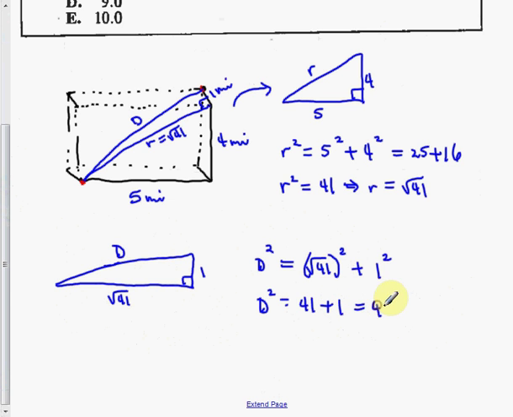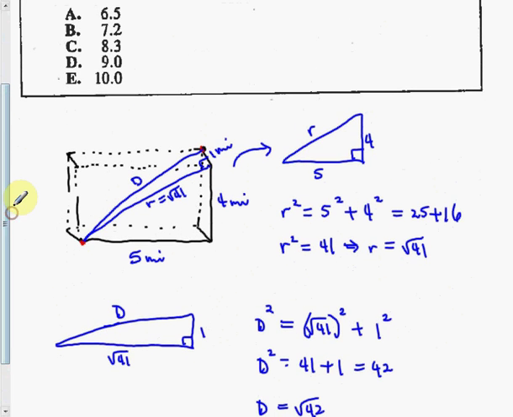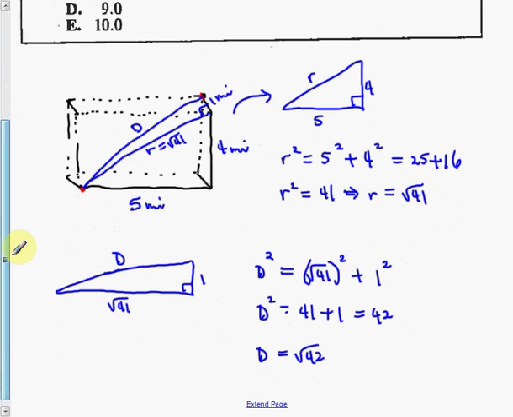We get 42. So D is equal to the square root of 42. And you can put that on your calculator, type that in. Get something close to 6.5. So we'll say approximately. You get 6.48 and then some change.